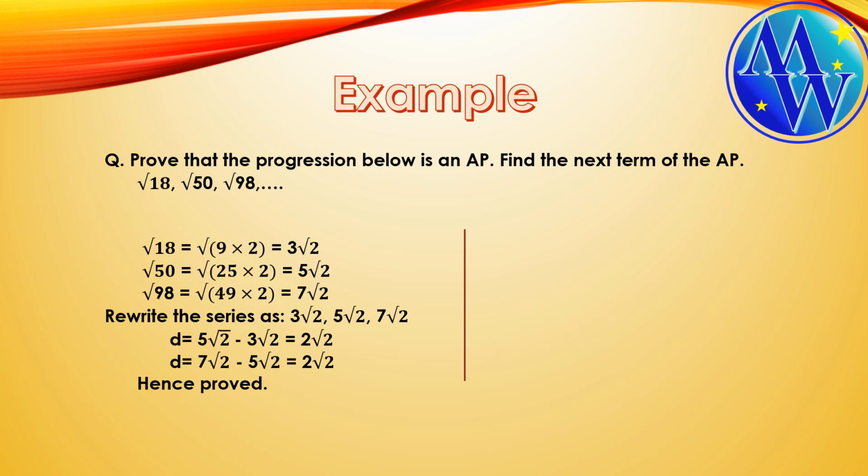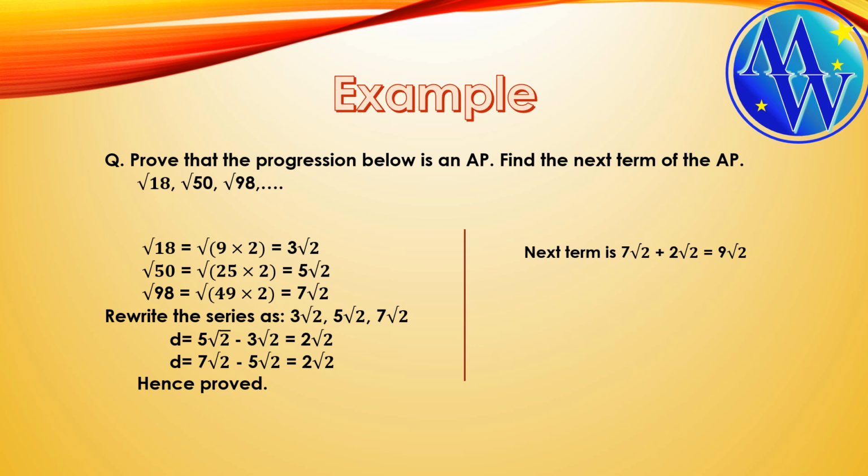Now go to the second question. What is the second question? Find the next term of the AP. Now it is easy because we know the last term, which is 7 root 2, and we know the common difference, which is 2 root 2. So the next term is 7 root 2 plus 2 root 2. 7 plus 2 is 9 and root 2 is common, so 9 root 2.